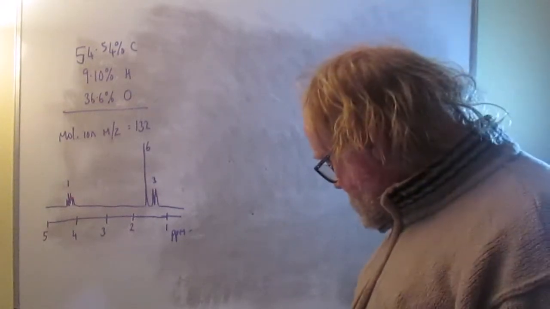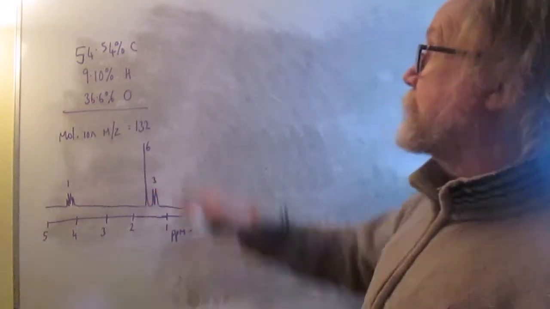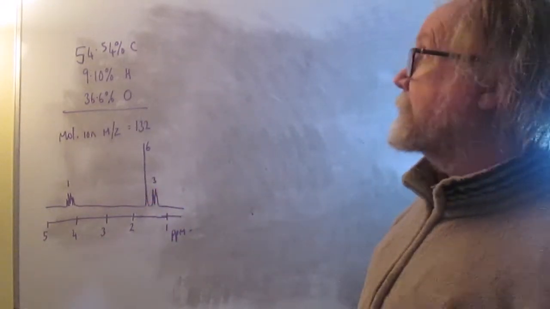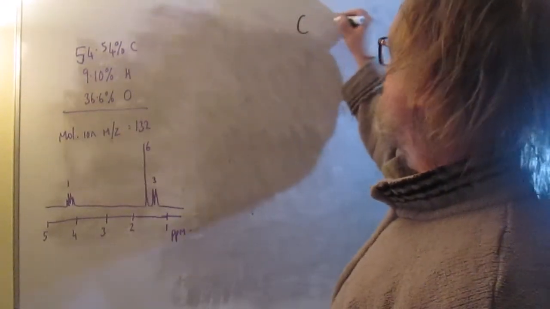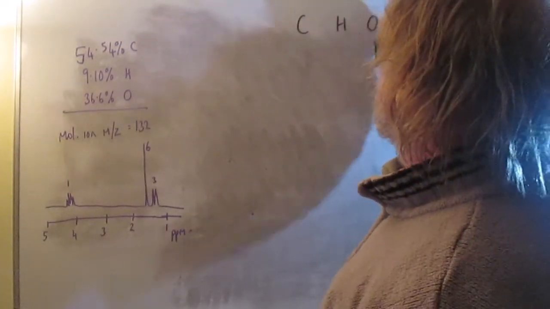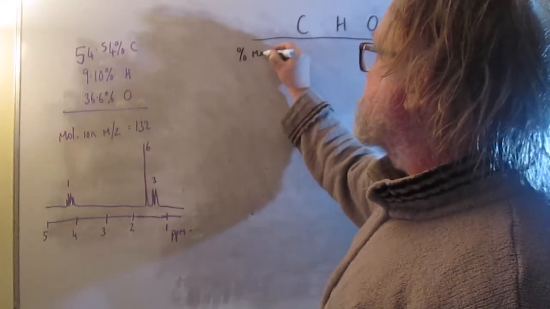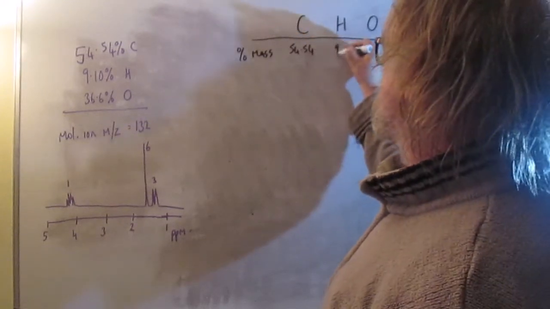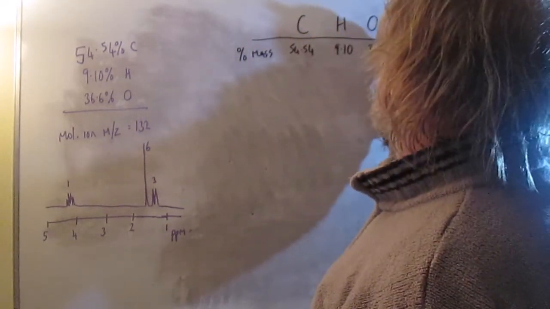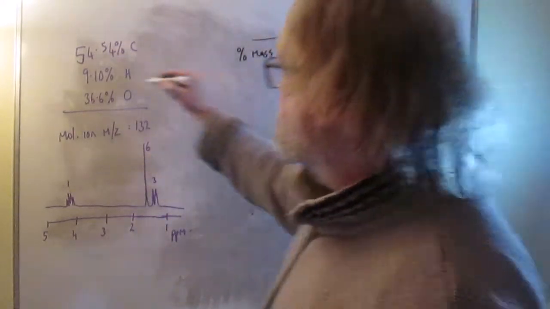So if we do the elemental analysis first, because it's always easier to interpret the NMR when you know what the molecular formula is. So we do this normal empirical formula method. So we have carbon, hydrogen and oxygen, and we just copy down the percentage masses. So 54.54, 9.10 and 36.36. Sorry, there's a misprint there, isn't it?